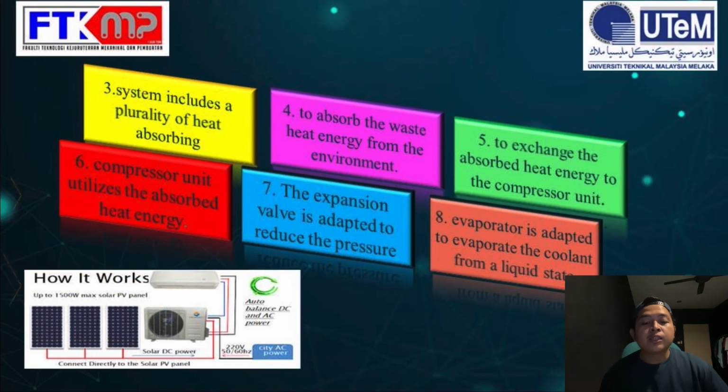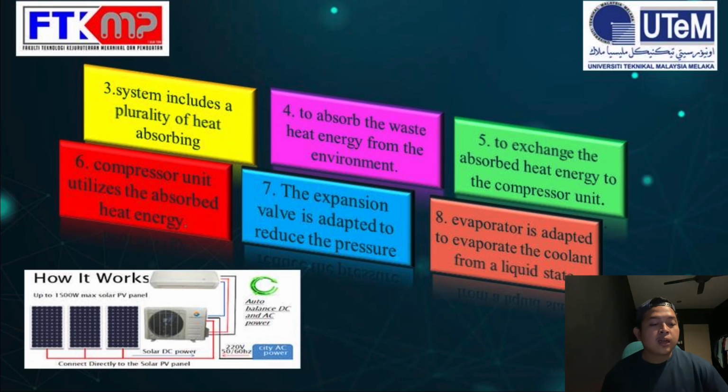The system includes a plurality of heat absorbing units, such as a heat exchange unit, a coolant, a condenser, an expansion valve, a control unit, and an evaporator. The fourth one is the plurality of heat absorbing units adapted to absorb the waste heat energy from the environment. The fifth one is to exchange the absorbed heat energy to the compressor unit.